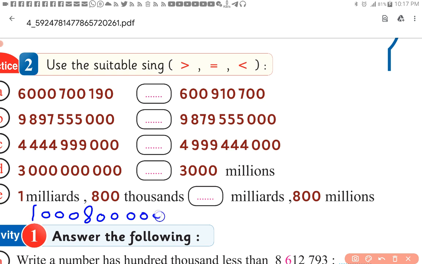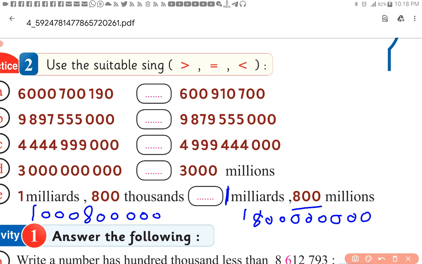Then 3 zeros, units period. Here 1 million, 1 million. Here 1 is missing. 800 thousand. There are no digits in the thousand period. There are no digits in the units period.